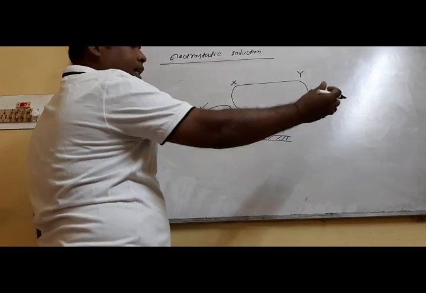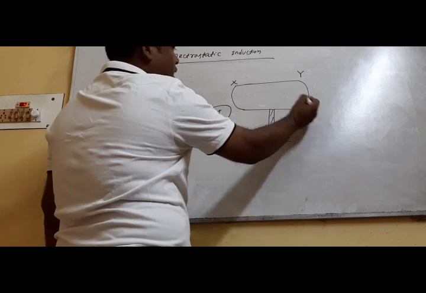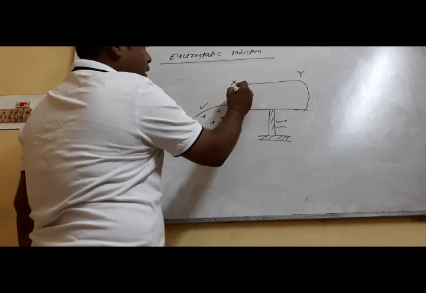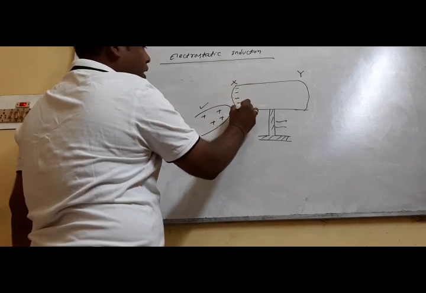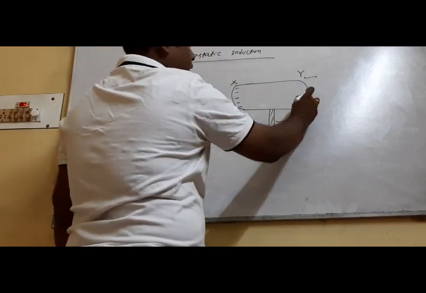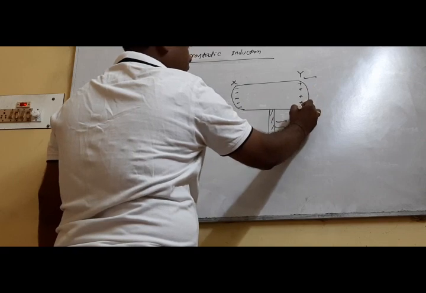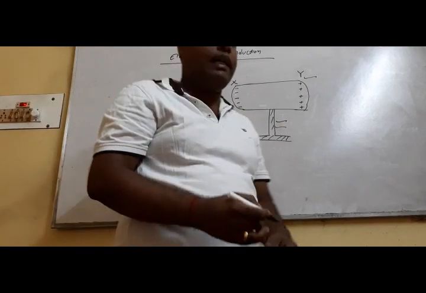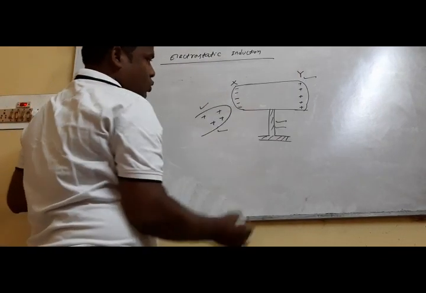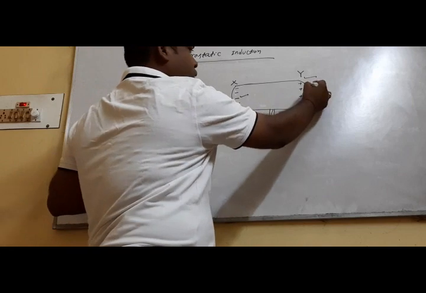So as electrons are free inside the conductor, the body is positively charged and the electron is negatively charged. This positive charge attracts the negatively charged electrons, so the electrons will go from end Y to end X. At end X there is an excess of electrons, so negative charge develops at end X. At end Y there is a deficit of electrons, so an equal amount of positive charge is developed at end Y. Here you see, when you bring a positively charged body to the conductor XY, at the nearer end X negative charge is developed, and at the further end positive charge is developed.